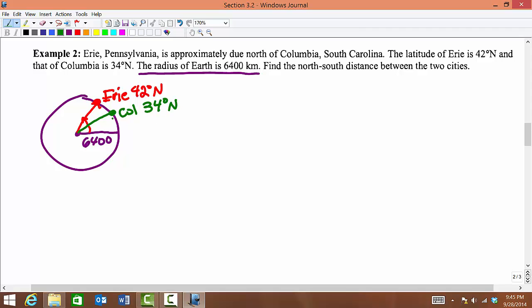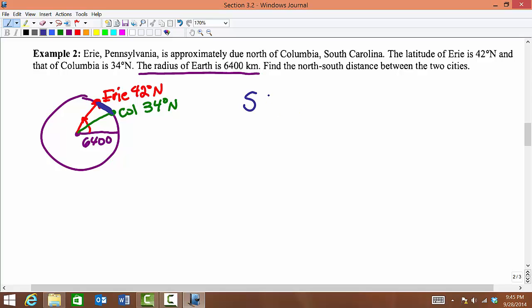So they're both going north in that northerly direction. What we're looking for then is the north-south distance between the two cities. So I want to know, what is this distance right here?